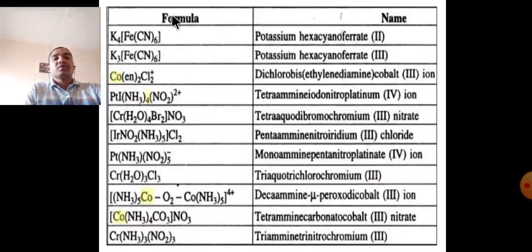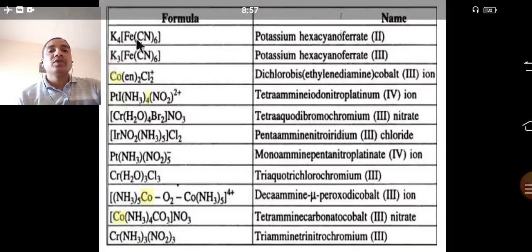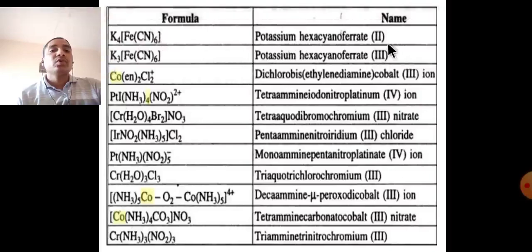A few examples for discussion. In the first example, the positive ion comes first, that is potassium, then the number of ligands: hexacyanoferrate, because of the negative complex. Potassium hexacyanoferrate with oxidation state 2 in brackets. K3[Fe(CN)6] is potassium hexacyanoferrate with oxidation state 3.